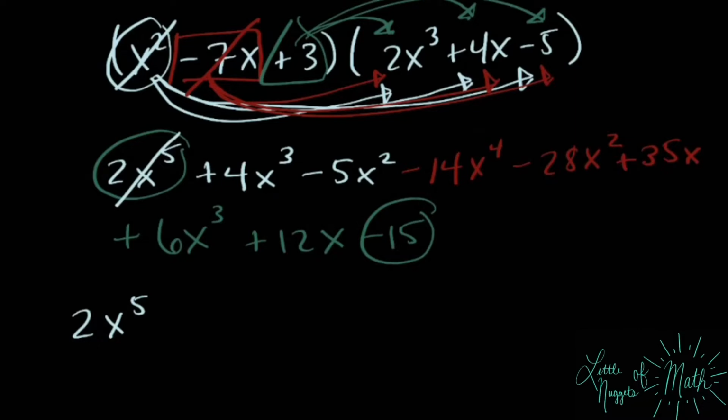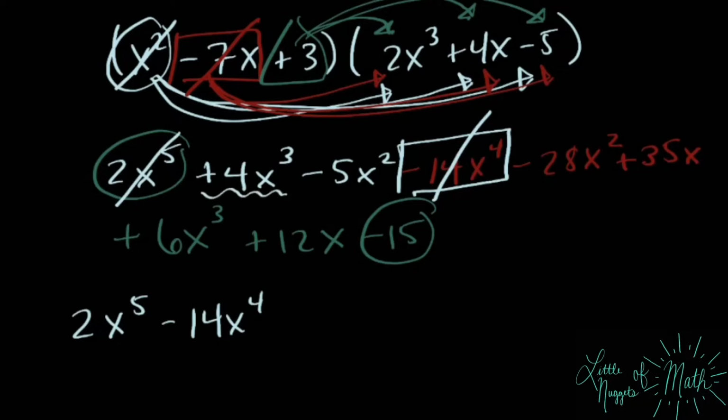Next, we're going to look for the 1 degree down, which is anywhere we see x to the fourth. The only place we see that is the negative 14x to the fourth. Now we look for x to the thirds. We have positive 4x to the third and positive 6x to the third. Together we have 10x to the third.